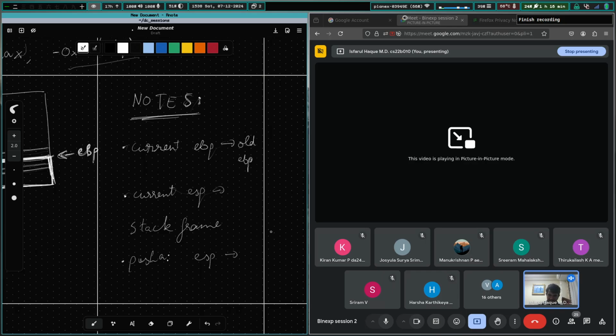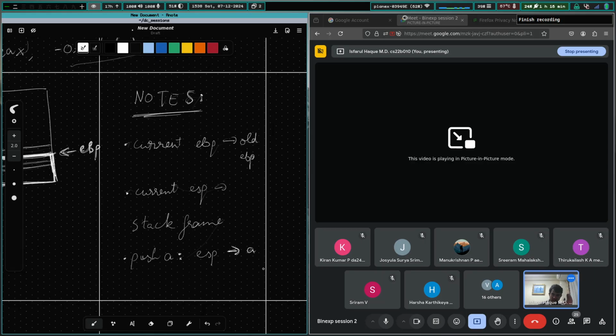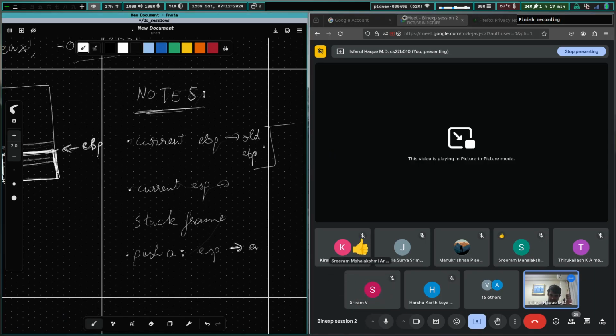Push A implies ESP starts pointing to A. So ignore the above C code. It was just for an illustration, but I hope you got the point. So ESP points to A. That's clear, right? After a push. So you can see how this is happening.